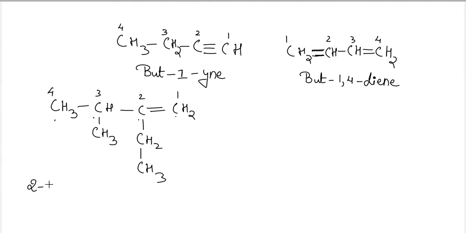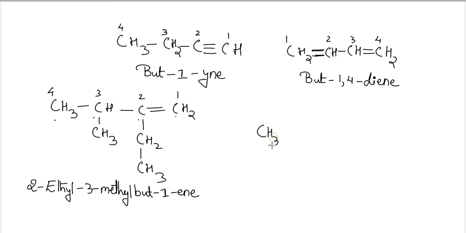So the naming of this compound will become, according to alphabetical order, 2-ethyl-3-methyl, and for 4 carbon atoms but-1-ene. This will be the name of the compound which has been given out here.